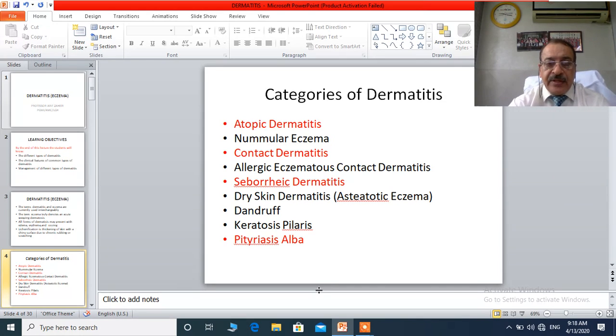So these are the different categories of dermatitis. Atopic dermatitis, contact dermatitis, seborrheic dermatitis, and pityriasis alba are commonly seen in the pediatric population, and we will discuss these four conditions one by one.